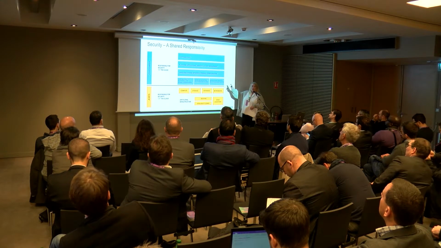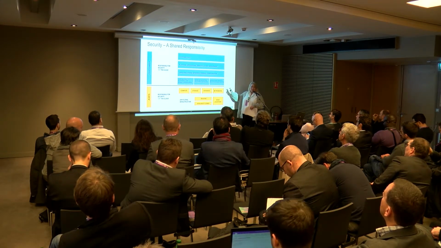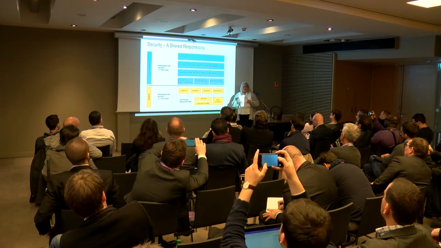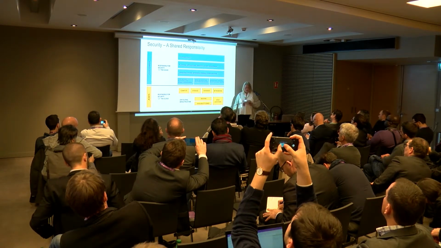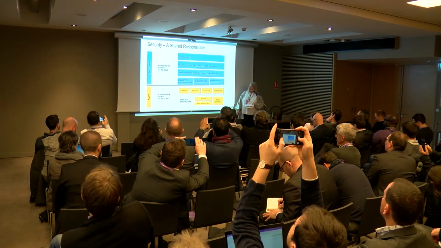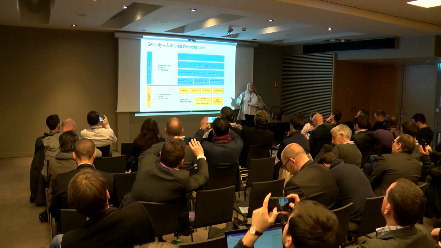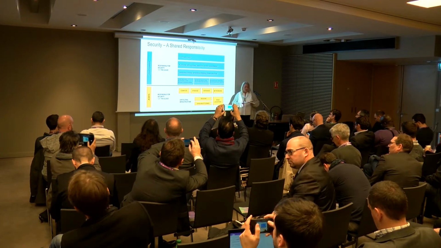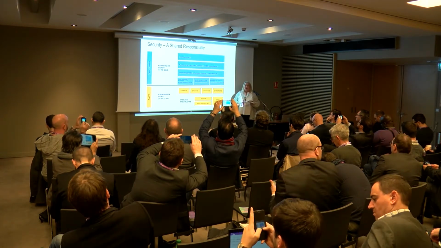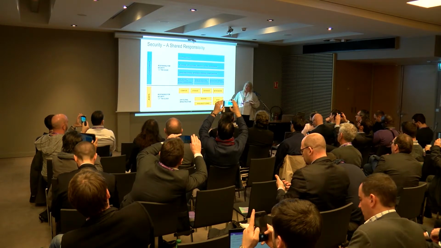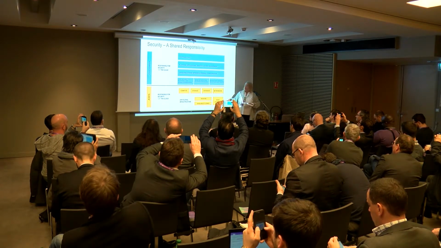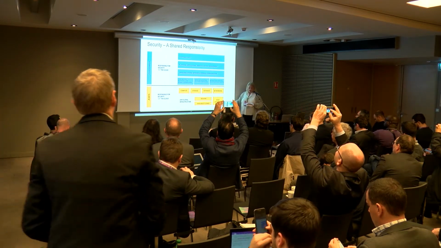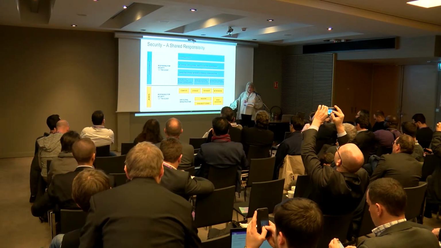I bet a lot of you have seen this slide before. This is our shared security model, for those of you who haven't seen this. When you're looking at the security as a controller of personal data, and you're evaluating the security of cloud services, in our model, you need to understand and distinguish first between the security measures that the cloud services provider, in our case, AWS, implements and operates.